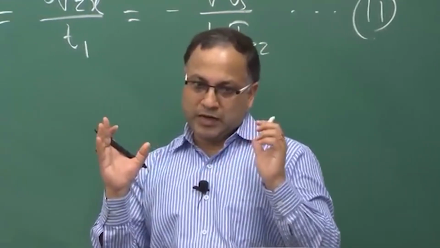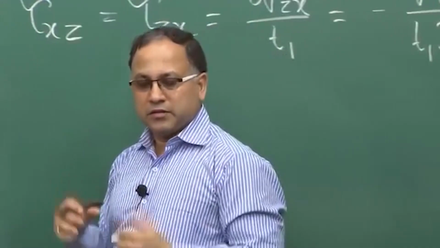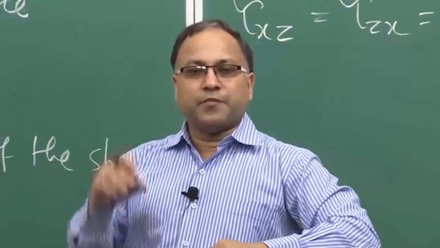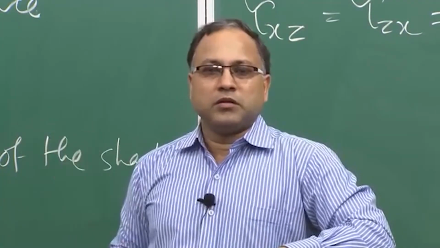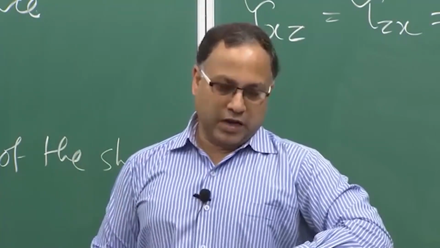Therefore, this analysis is valid for a T beam also, where you have the flange on the top side and then the web. Whenever you have this kind of slender overhanging part, in a T beam or I beam, your tau xz will be more critical than your tau xy.